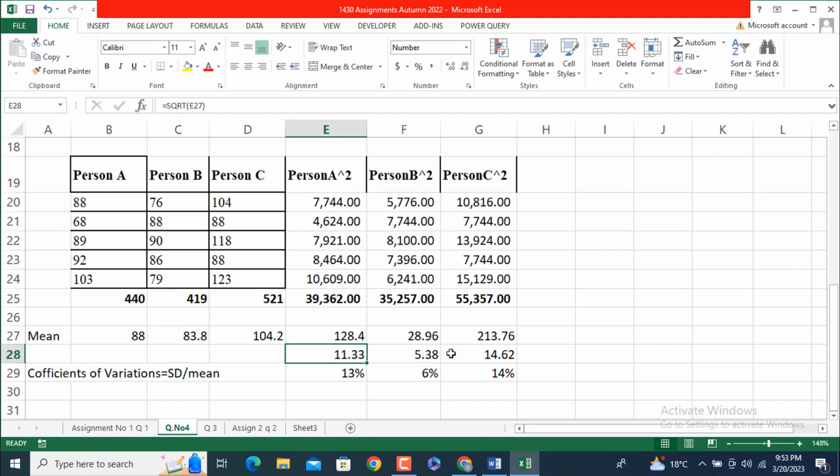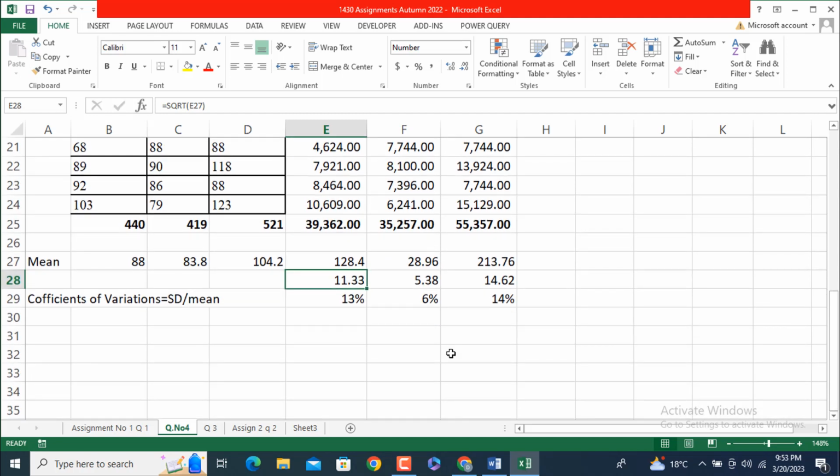To reach a more efficient measure, I am going to determine this deviation in terms of the mean by dividing the standard deviation by the mean. We will get 13%, 16%, and 14%, both on absolute percent and on coefficient of variation basis.